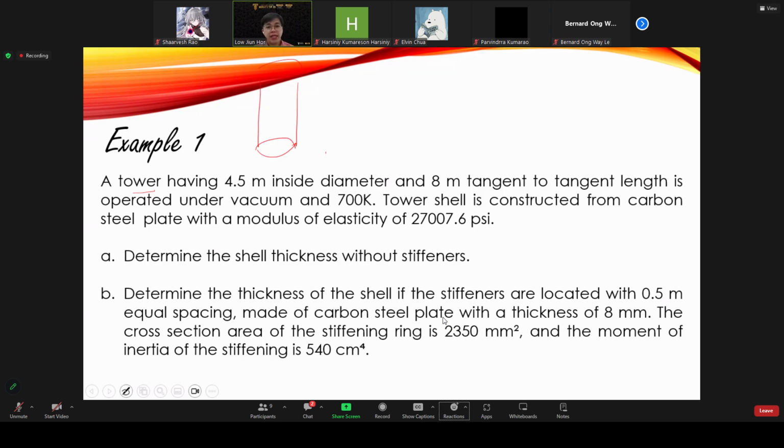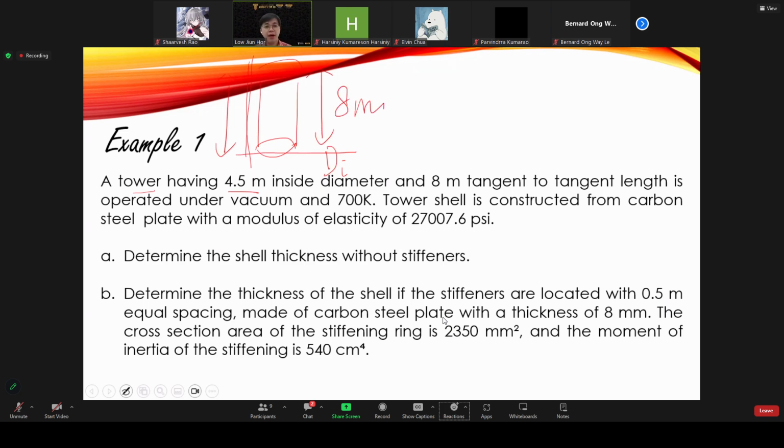The inner diameter of the tower here is 4.5 meter, and the tangent to tangent length, meaning from tangent here until here, is the height or the length given. This is the tangent to tangent length, 8 meter.